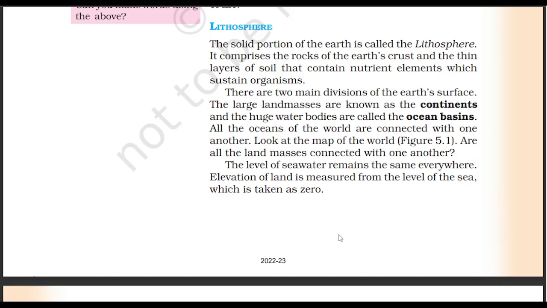Are all land masses connected with one another? No. The level of sea water remains the same everywhere.